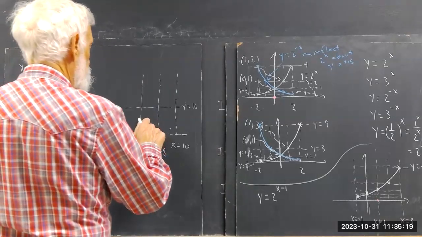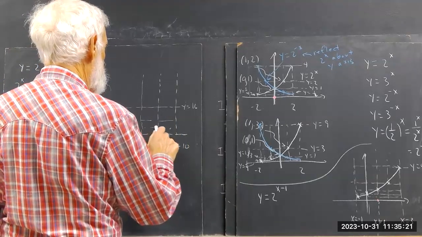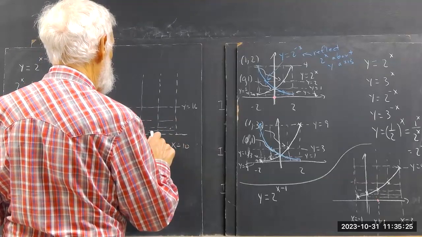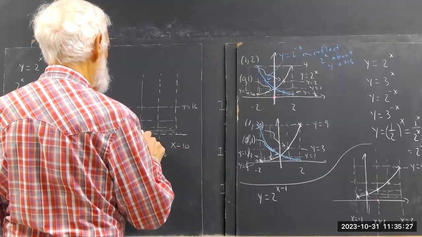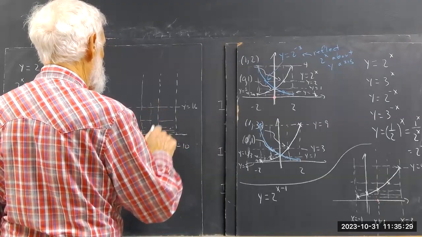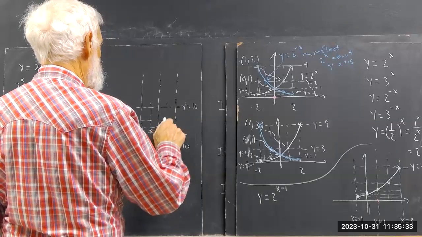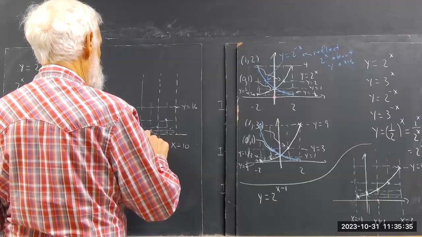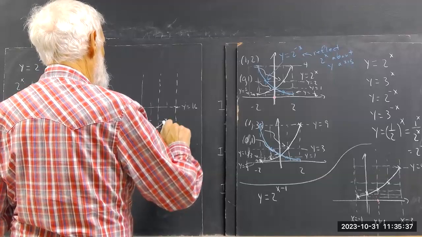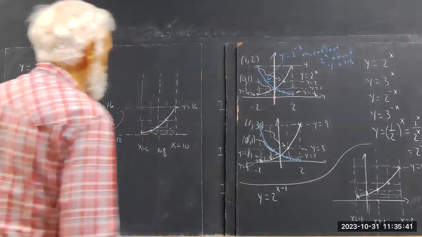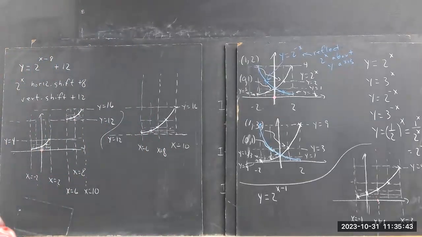Okay, so we do the subdivision. And we plot our point. There they are. Now, I've said this before, but now it becomes really important.